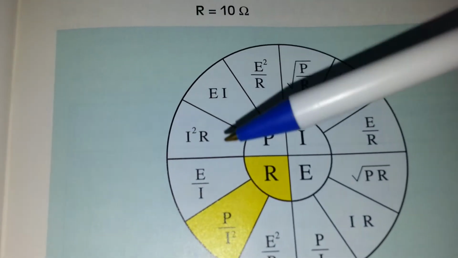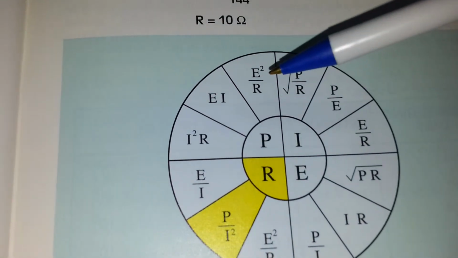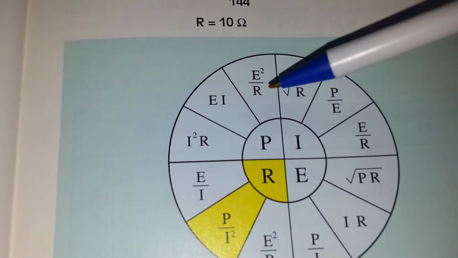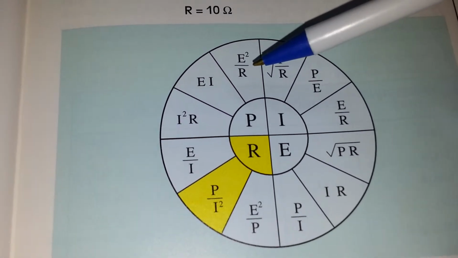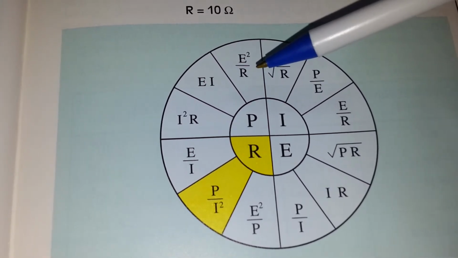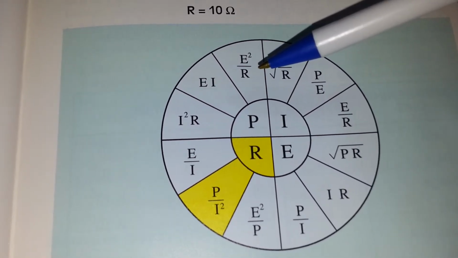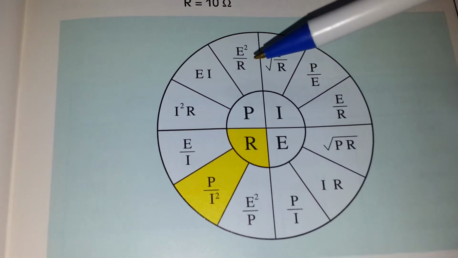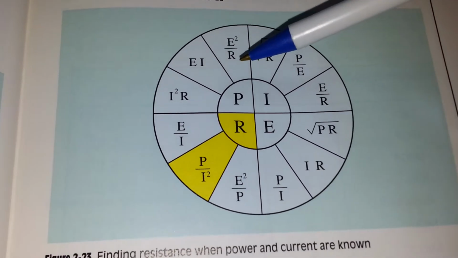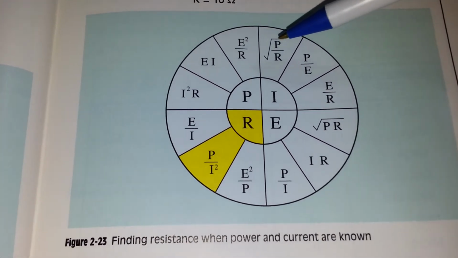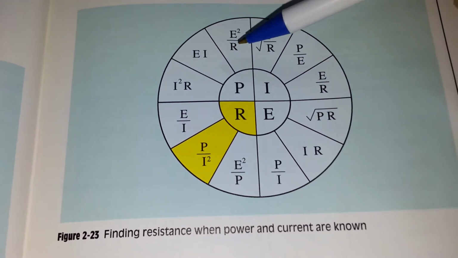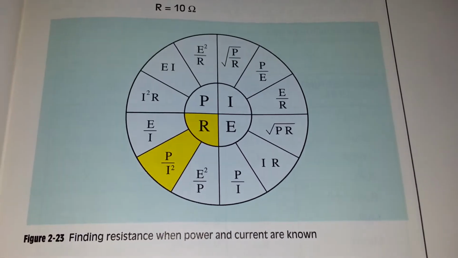They're both I squared R. Oh, damn it, that's why. How did I miss that? Huh. Yeah, so that would make sense now. E squared divided by R. Well, I'll send you this video anyway, but it appears I already solved my own problem.